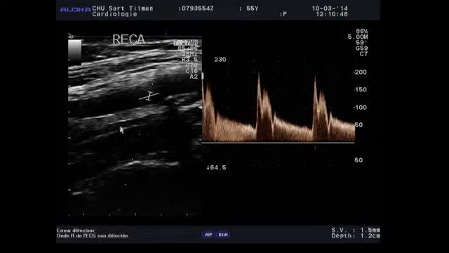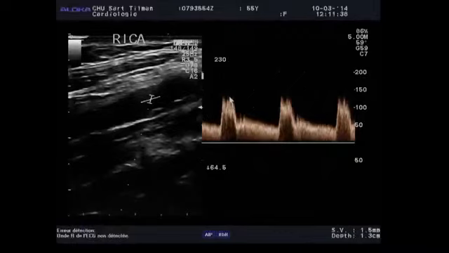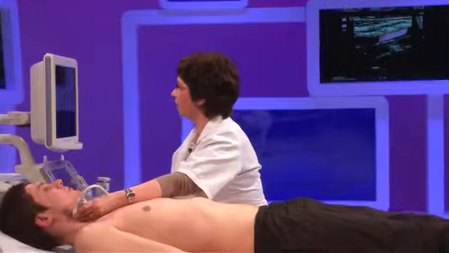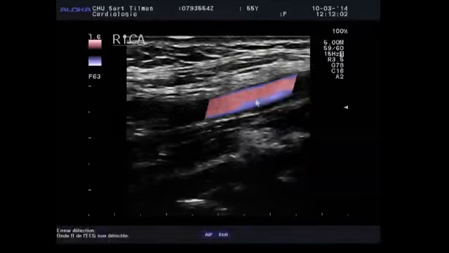And also you can find branches from external carotid, not from the internal carotid artery, because the first branch is the ophthalmic artery, and you won't see it, of course. Here's the flow in the internal carotid artery. You can see that the end diastolic velocity is higher than in the external carotid artery. With the E-flow, that's the internal carotid artery.